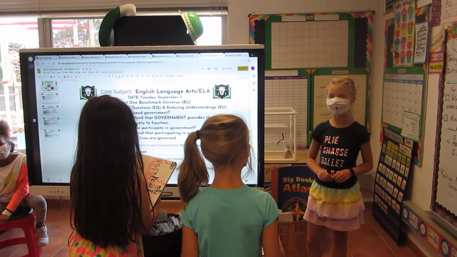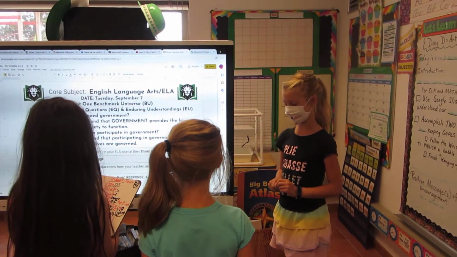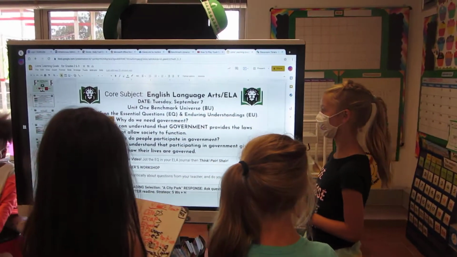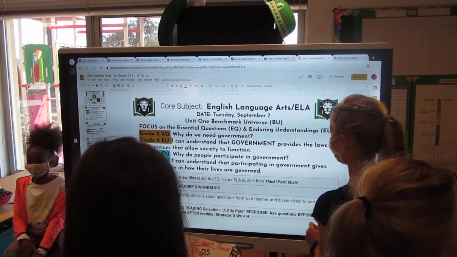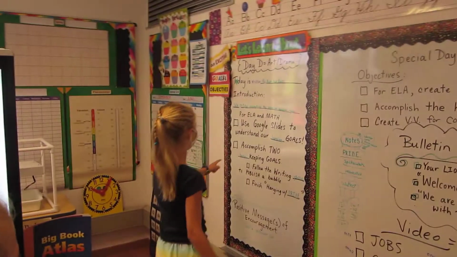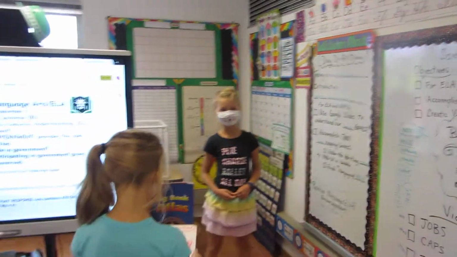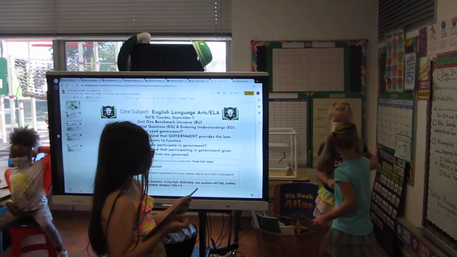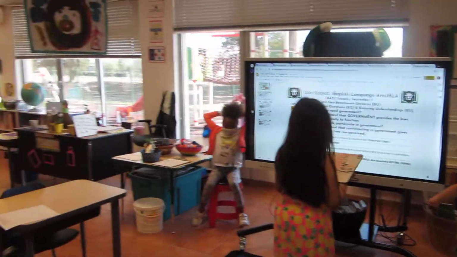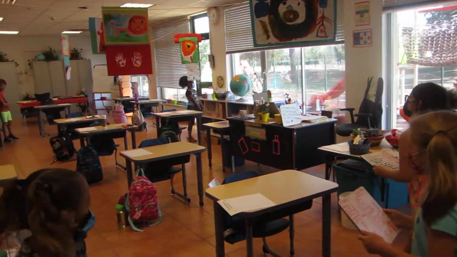Our learning goals start out as objectives but turn into learning goals. These are some of them, and then they're over here and up here. They're everywhere. We have so many goals to accomplish. And then we have pride.